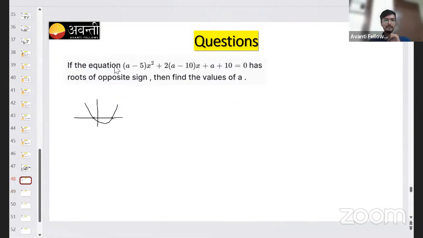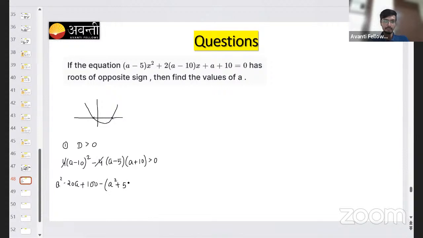There is a lot in the question. So first is discriminant is greater than 0, not equal to. Discriminant is b square, (a minus 10) the whole square minus 4 (a minus 5) into (a plus 10) is greater than 0. 4 we can cancel. a square minus 20a plus 100 minus a square plus 10a minus 5a, so plus 5a minus 50 is greater than 0.